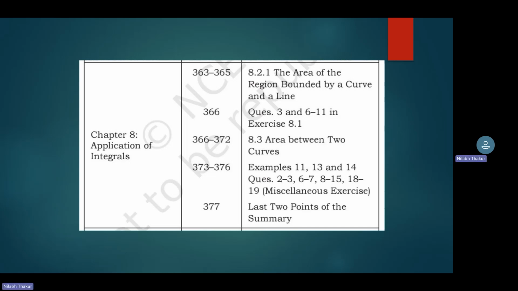So for area between curves, no question involving parabola and ellipse will be asked; parabola and circle will be asked. Simple questions on the circle or parabola on the standard equation or shifting the origin that I had discussed earlier, you may revisit. Question number 3 and 6 to 11 from exercise 8.1 you can skip.